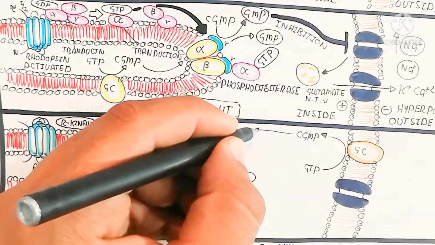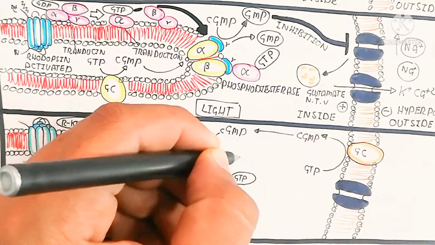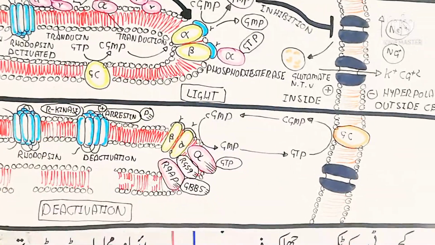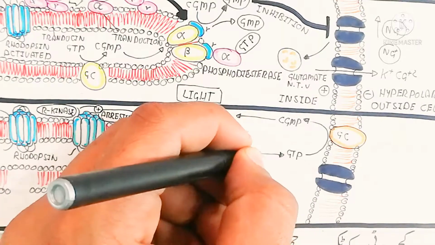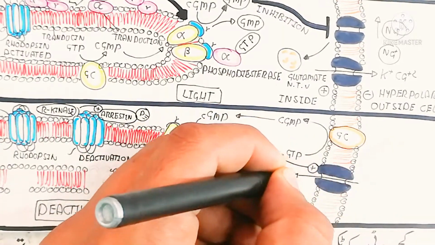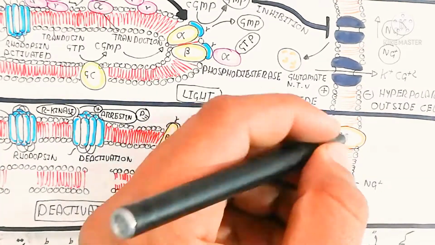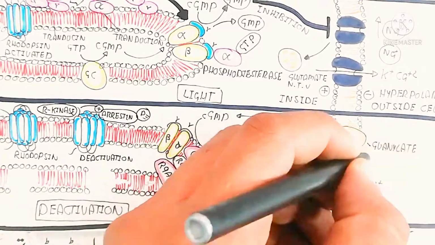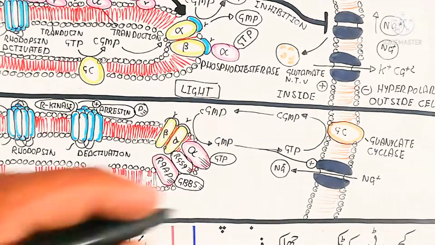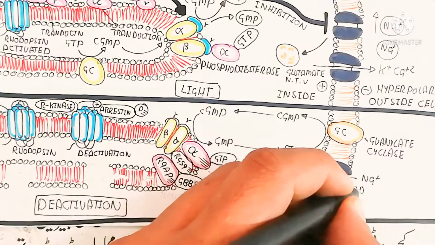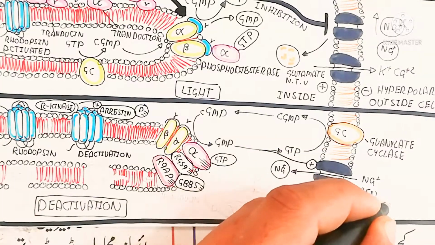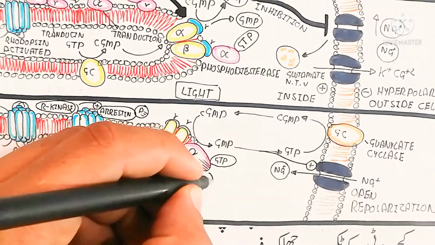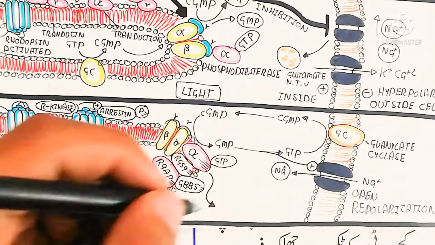Also there are many proteins, RGS9, R9AP, and Gβ5, which bind to inhibit all these things, and cyclic GMP is no longer converted into GMP. In this way the cyclic GMP concentration will again increase due to the guanylate cyclase enzyme.